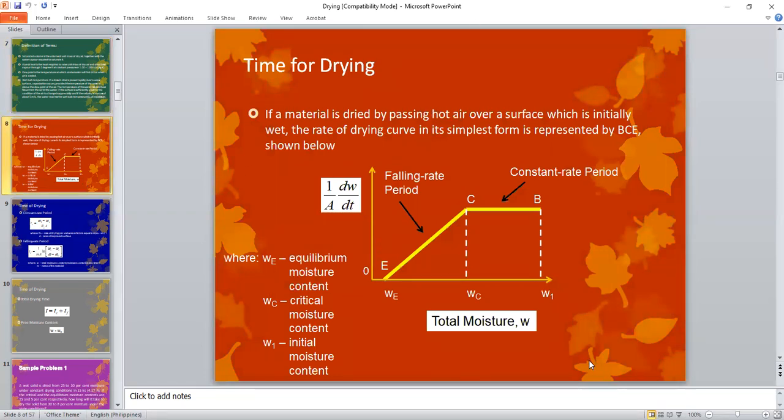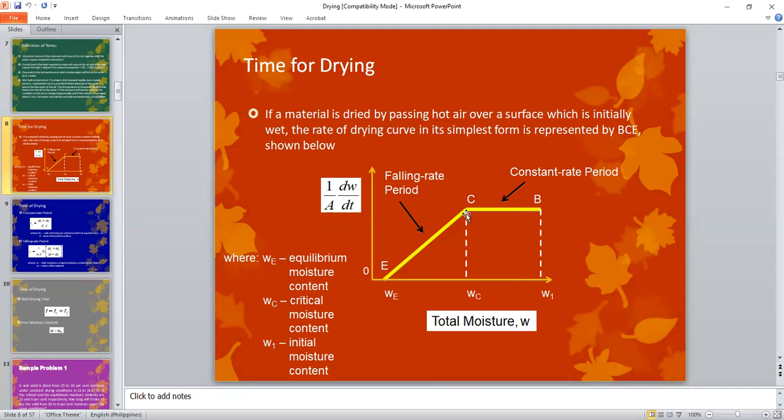Anyway, we'll manage. So for the time for drying, if a material is dried by passing hot air over a surface which is initially wet, the rate of drying curve in its simplest form is represented by this one, BCE. You have a constant rate period. In this constant rate period, you don't see any drop in the moisture content of your material.